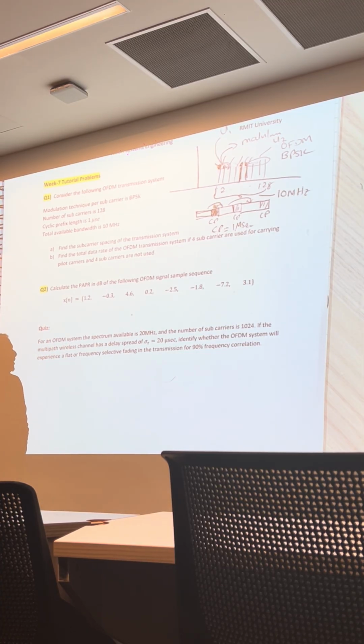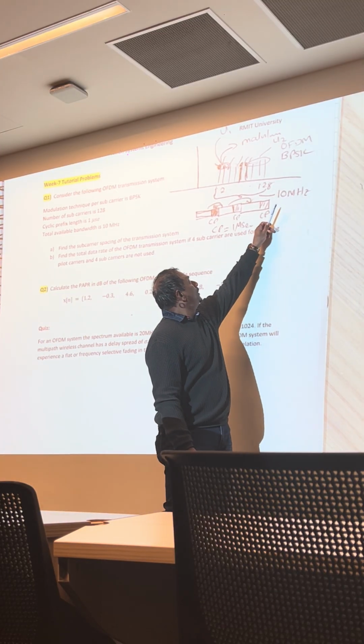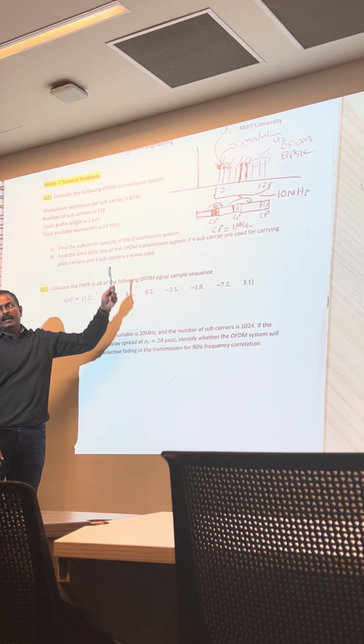Find the subcarrier spacing of the transmission system. It should be pretty straightforward because the subcarrier spacing is the gap between subsequent or adjacent subcarriers. If you have 10 megahertz of spectrum, you just need to divide by the number of subcarriers, which is 128.